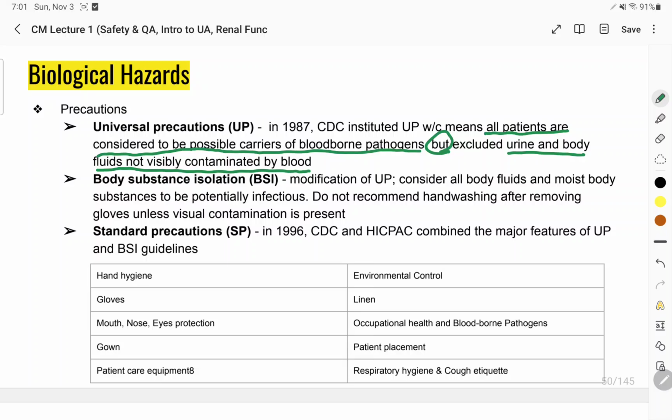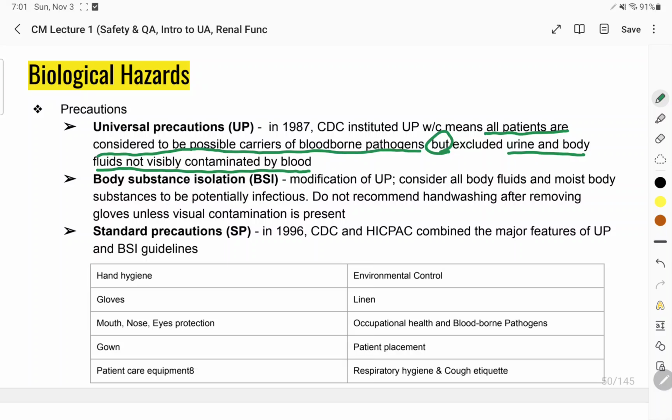So according to UP, universal precautions, all patients may possibly have bloodborne pathogens. But except if the urine or body fluids do not show any blood. So unless you see blood, it is safe. If urine and body fluids. So that is UP. Okay? So, unless your specimen is visibly contaminated with blood, it is okay. So that is UP. And it was modified. Okay?